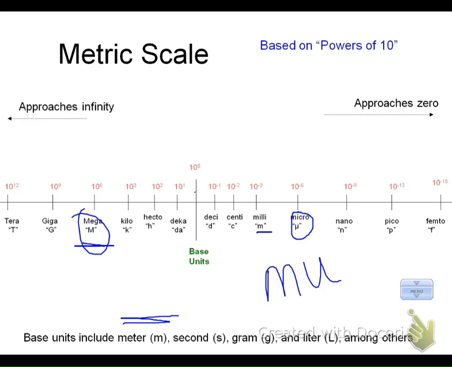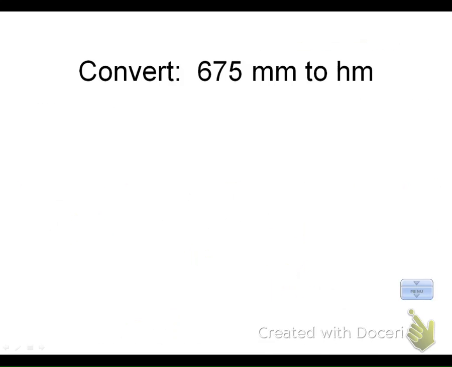So let's start out with an easy one. 675 millimeters, and we're going to convert that to hectometers. All right, so I'm just going to write this number down, 675.